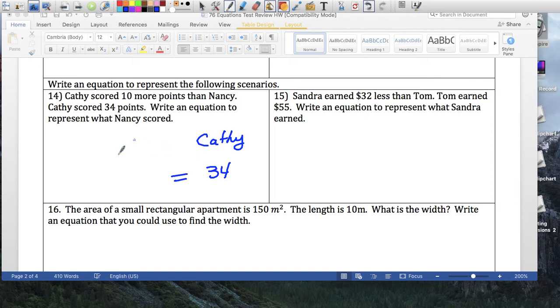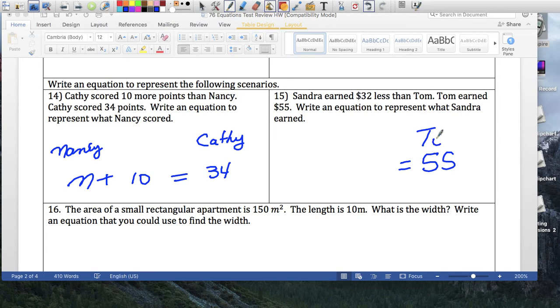I know that Kathy has more points. So whatever Nancy scored, plus 10 points will give you 34. And that's my equation right here.